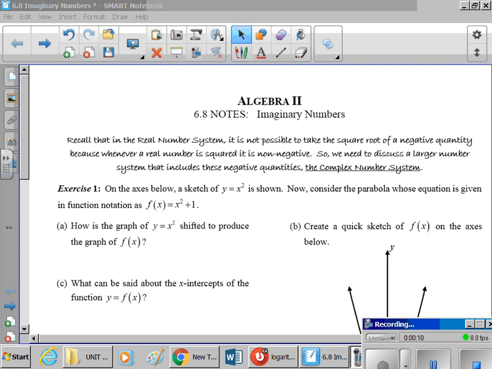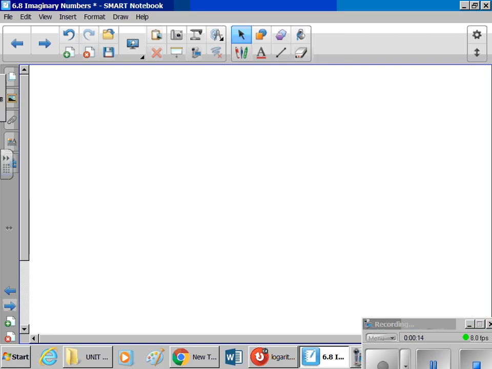Now, up until this point, we have talked about a couple of different number systems. Just to give you a little bit of a reminder, back in kindergarten, first grade, we talked about the counting numbers, which means when you count 1, 2, 3, 4. We call them the natural numbers.